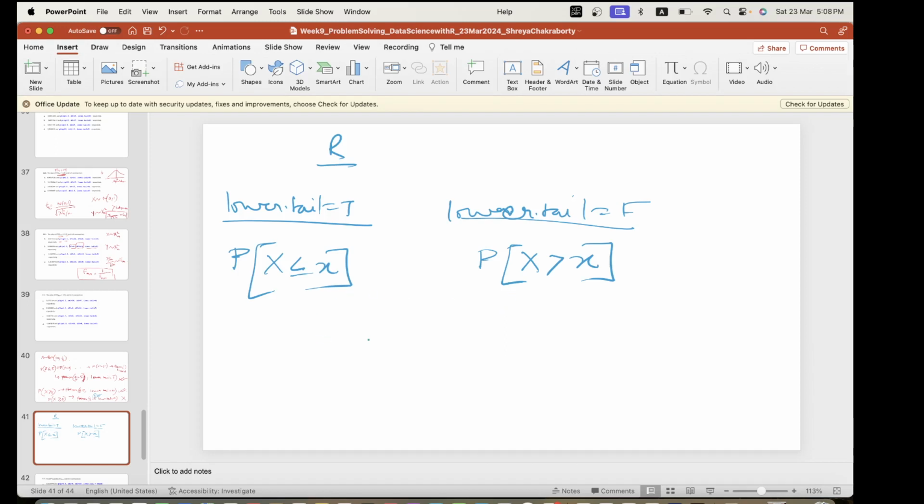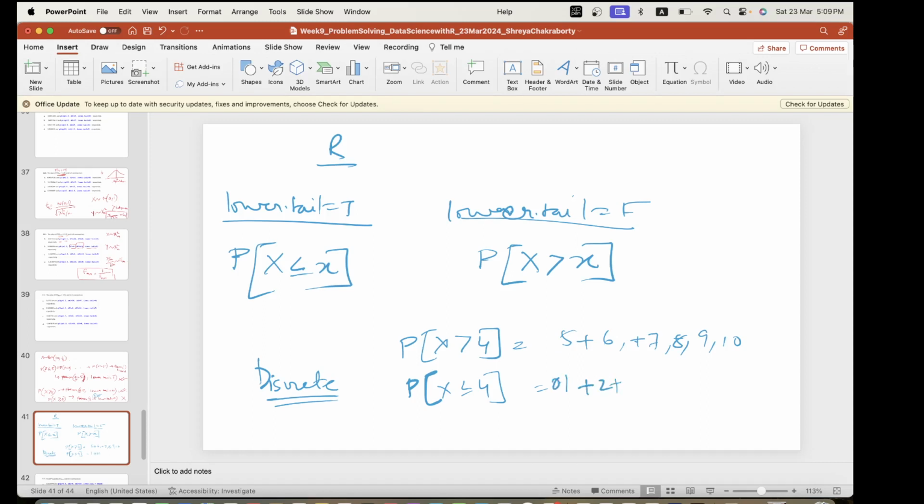Now, if you have a discrete distribution, probability X greater than 4 means 5, 6, 7, 8, 9, 10, and probability X less than or equal to 4 means 0, 1, 2, 3, 4.